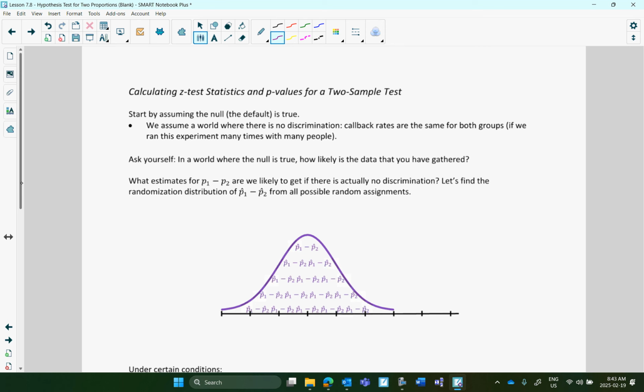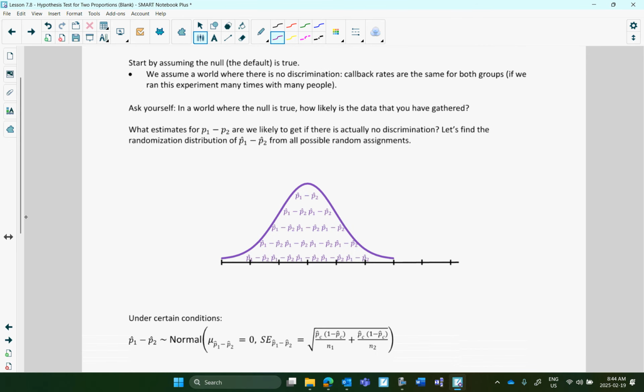So right now we start by assuming the null is true. Okay, there's no discrimination, all the rates are the same. And we ask ourselves, in a world where the null is true, how likely is the data we got on the first page? So we want to see what happens with multiple trials.